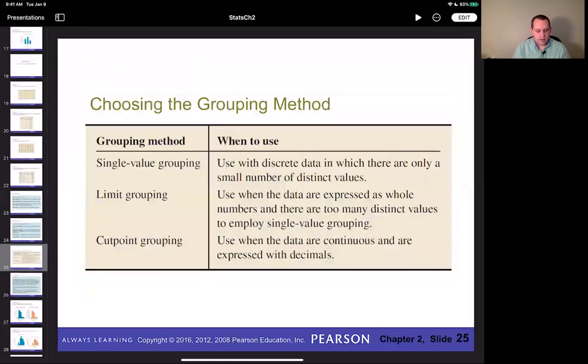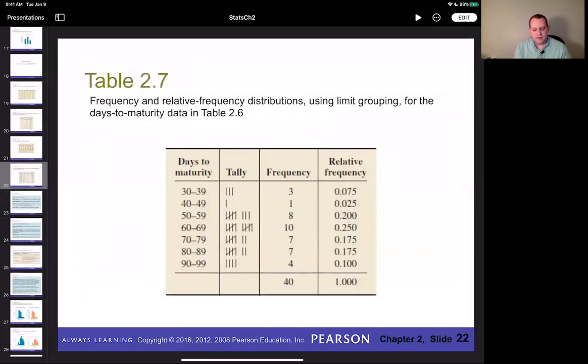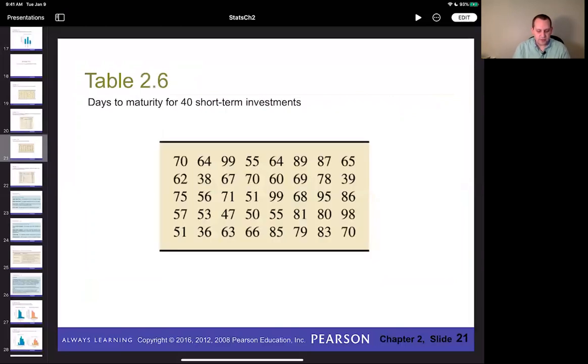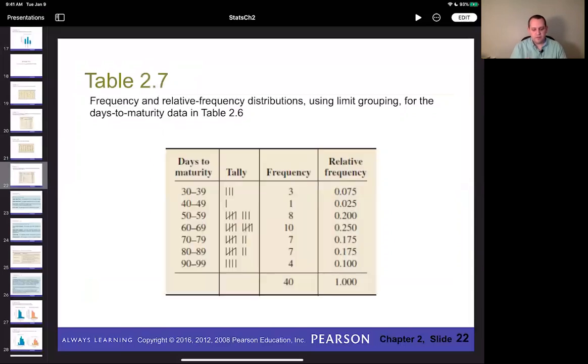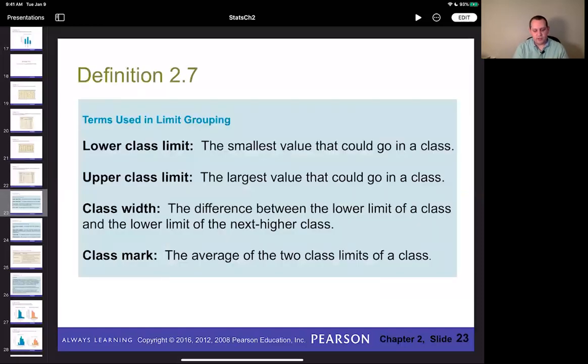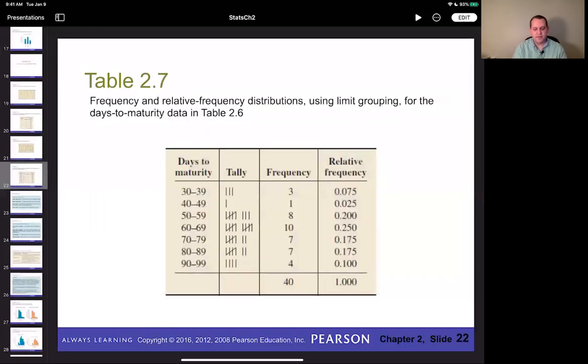So let's go back and think about the days to maturity here. This is an example that was taken from our book. It's about 40 investments and the days for each investment to mature. For the terminology we had, the lower class limit and the upper class limit are going to be in this column here on the left, the days to maturity.